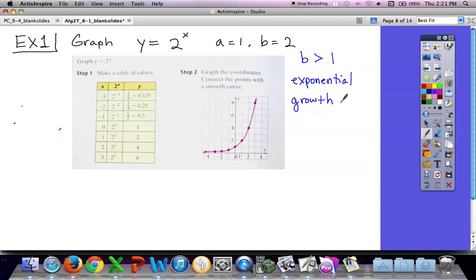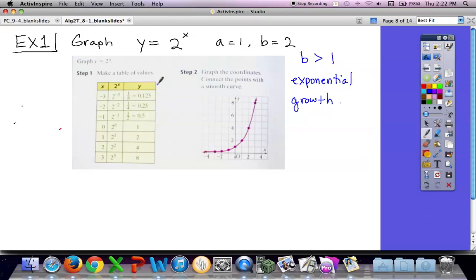Now, look at the values that we've got. What would happen if I picked bigger values of x to plug in? What do you think would happen to the values of y? They would get bigger. What happens when I choose bigger negative numbers to put in? It gets really small.